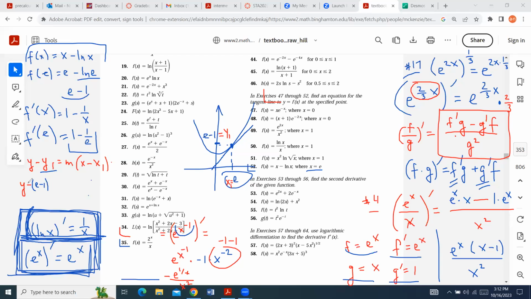So I'm just utilizing the equation of a line. So now instead of slope m, I have the derivative here. It's 1 minus 1 over E at that point. It looks kind of unpleasant, right? And then I multiply it by x minus x1. Well, at least x1 looks nice, x minus E. So this is the equation of the line.